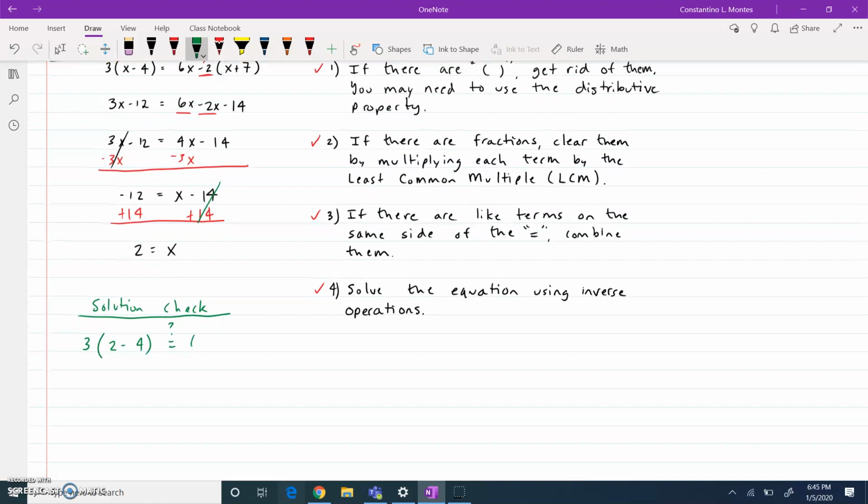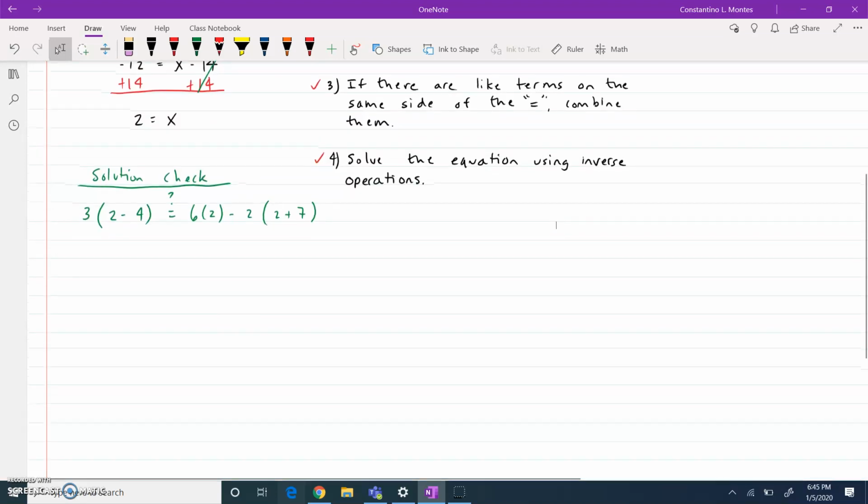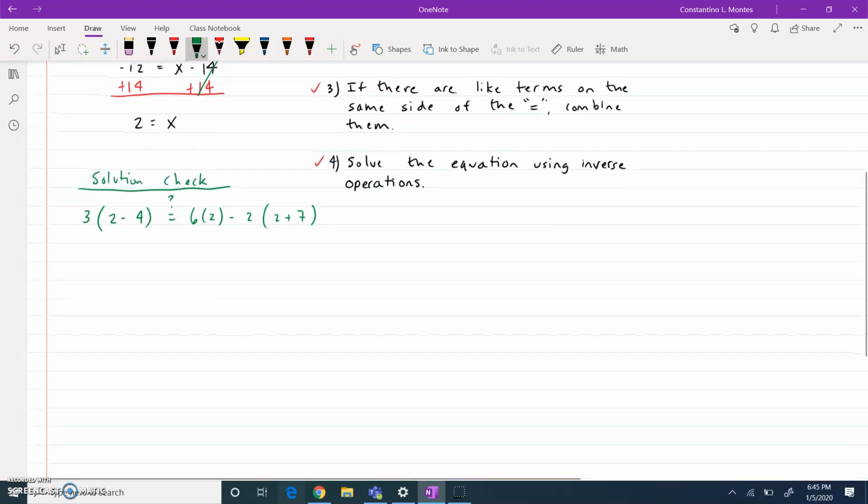And then I have 6x, 6 times 2, minus 2 times 2 plus 7. So I'm going to simplify down this left-hand side and then simplify down this right-hand side to hopefully give me the same thing on both sides, which is going to let me know if the solution that I got is correct. So I'm just going to follow the order of operations.